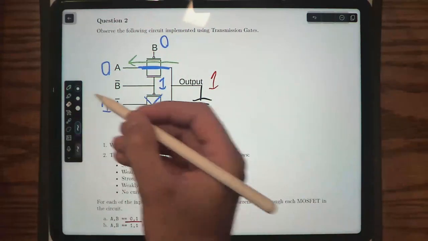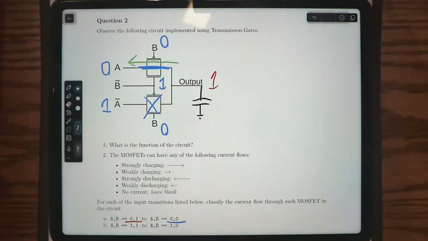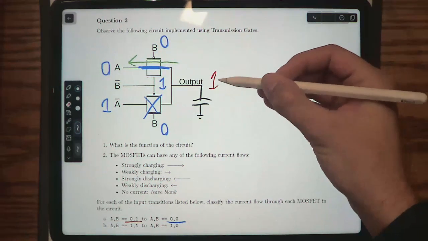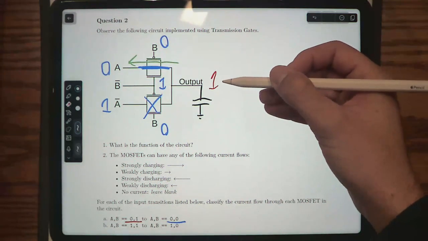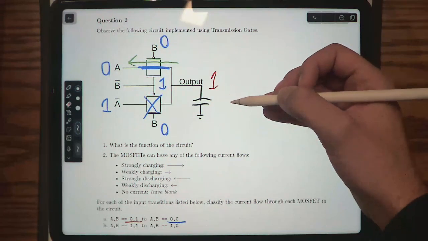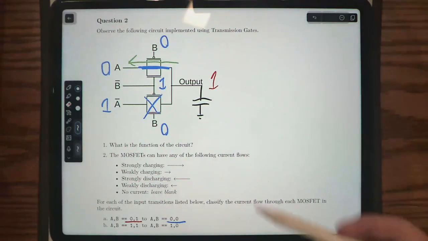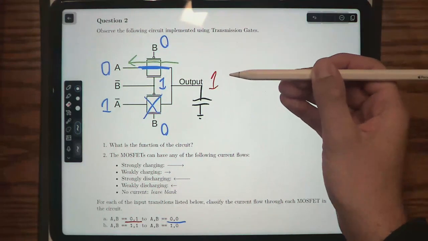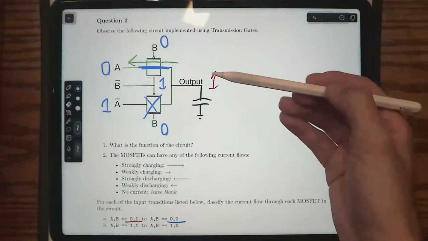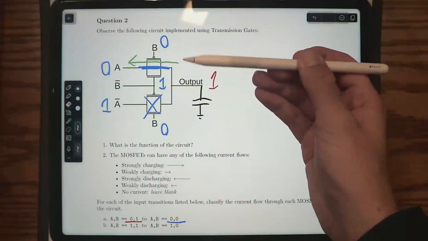So remember, this capacitor, as it's being discharged, what is going to happen to this voltage right here? As you discharge this, what's going to happen with the voltage? Yeah, it's going to drain. It's going to go down. And as the voltage goes down and down, let's say you're at maybe half a volt now, then one of these two transistors is not going to be operating most efficiently anymore.